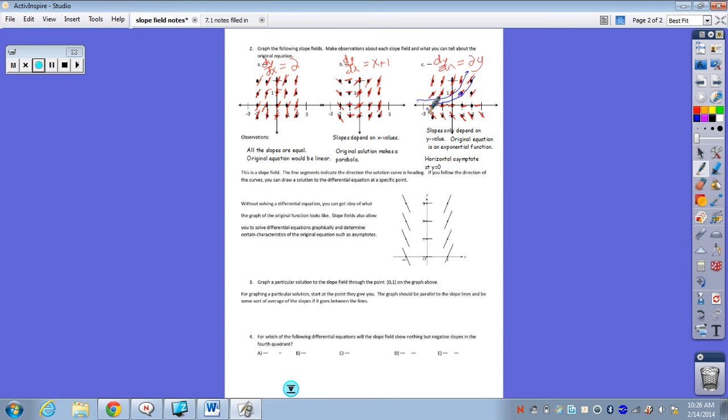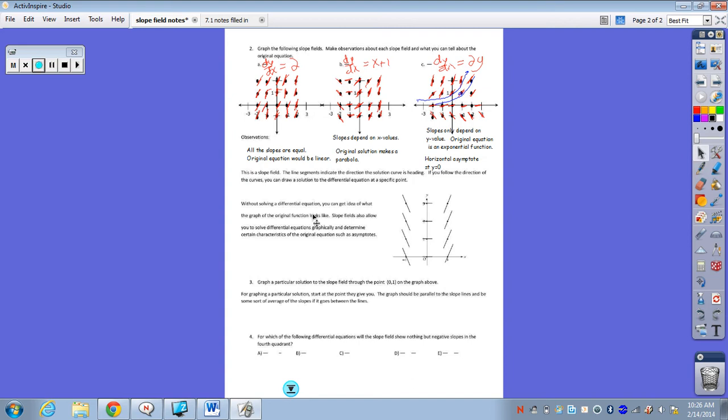So when you have slopes of all 0 or all undefined, you get an asymptote. If the slopes are all 0, then you have a horizontal asymptote. If you get the slopes to all be undefined, then you get a vertical asymptote for the original function.